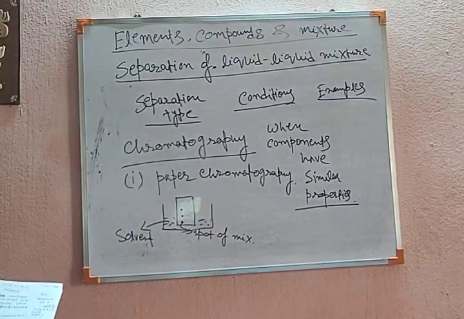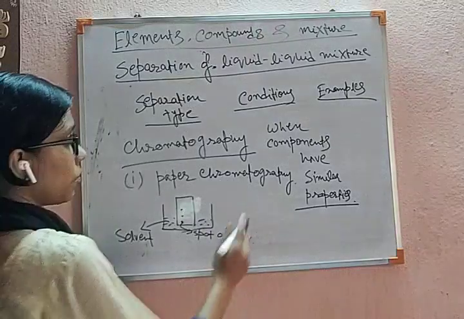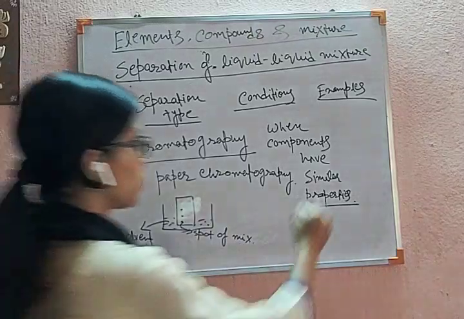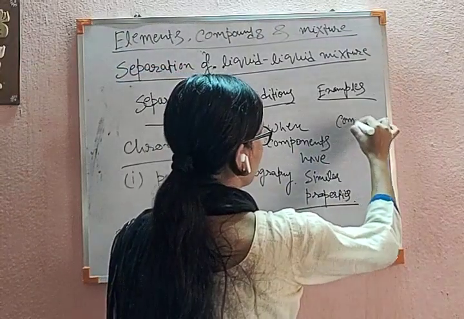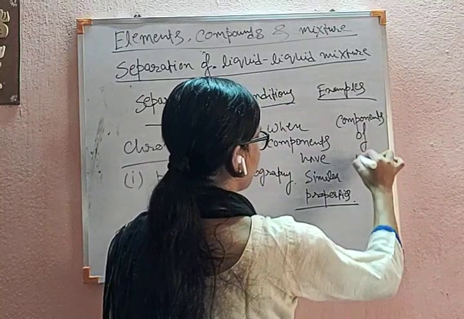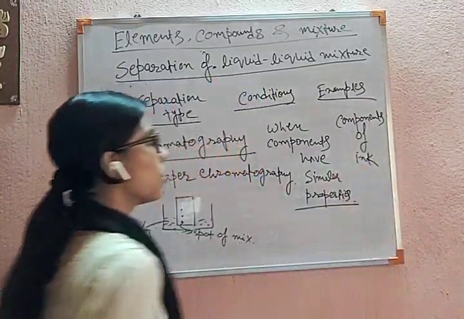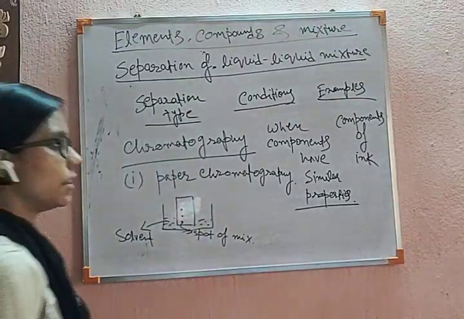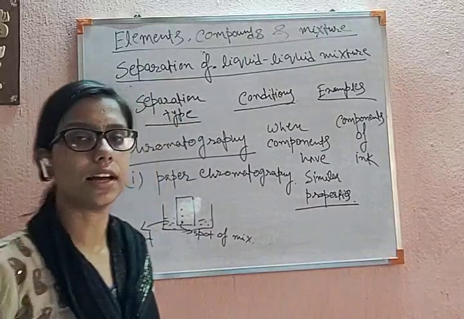For example, we can give here the components of ink. Ink contains different constituents, different dyes.